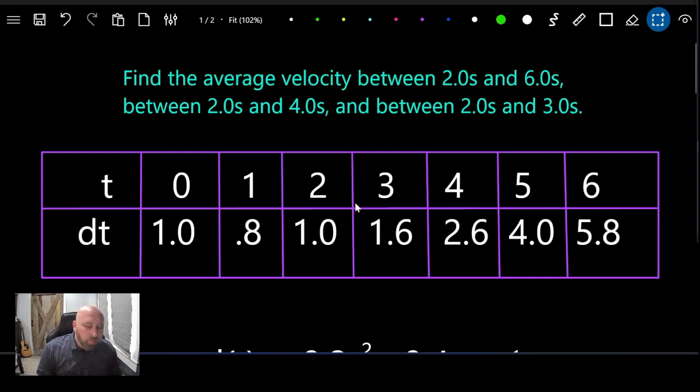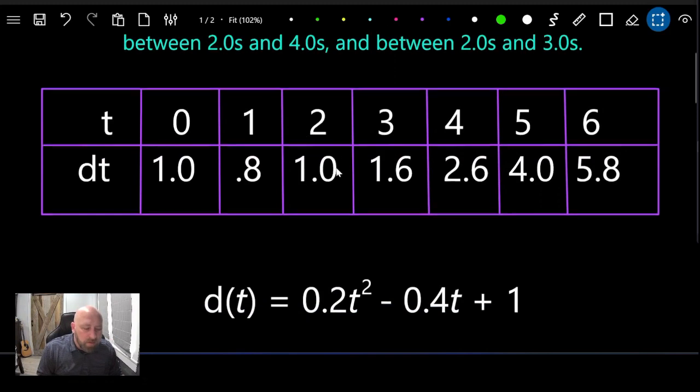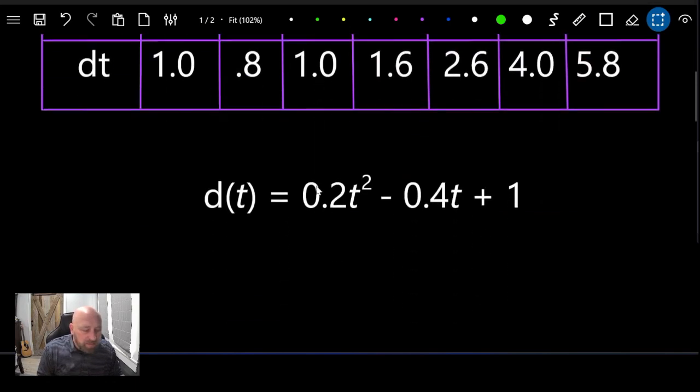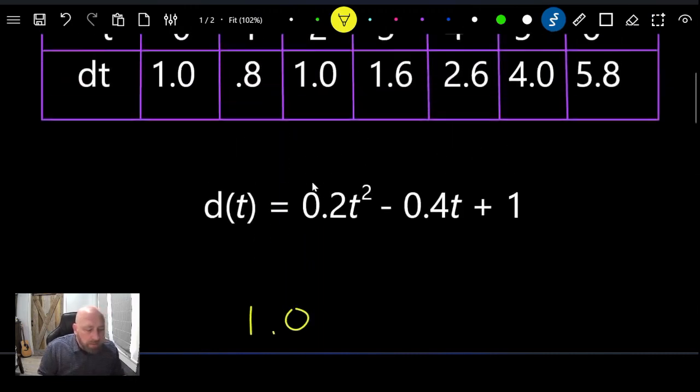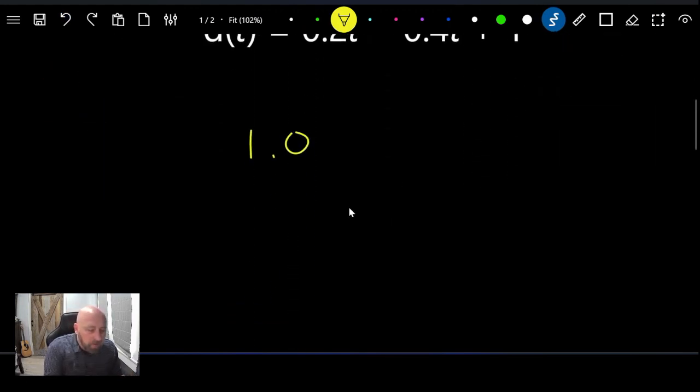Technically you can write this either way. The book starts with 6; I'm going to start with 2. That way you can see it working the same way. So the distance for 2 is going to be 1.0. Then we subtract out, going from 1 to 5.8: 1 minus 5.8.